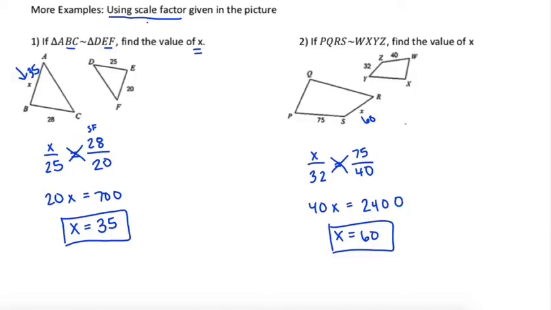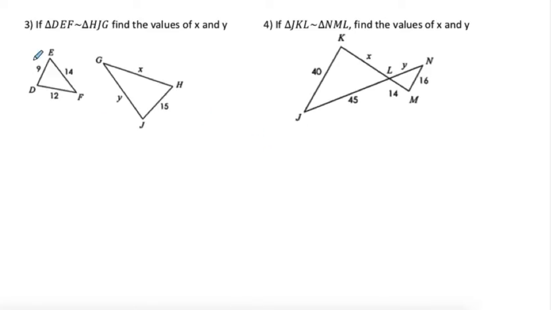Keep going. On number 3, we know that this triangle DEF is similar to this triangle HJG. Find the value of both x and y. The first thing I'm going to set up is x. X, G to H, so G to H goes with F to D, so it goes with 12. I don't want to pick y because that would be 2 unknowns, and I have to use my scale factor now.